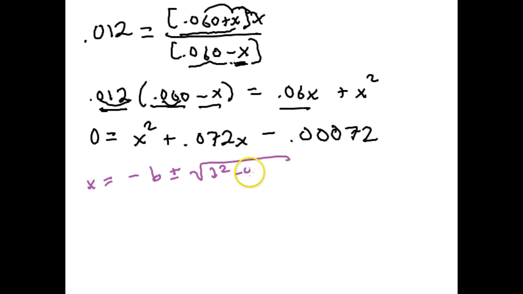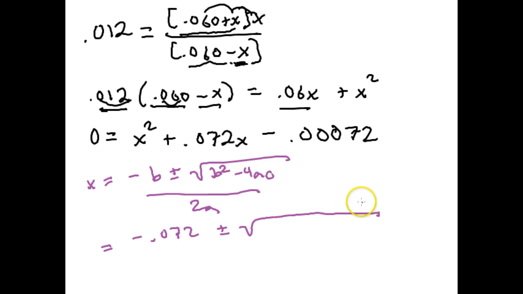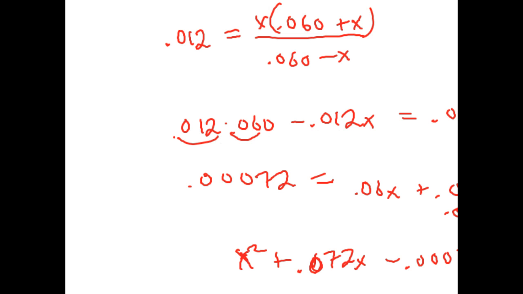X equals negative b plus or minus the square root of b squared minus 4ac, over 2a, and that is going to be negative 0.072 plus or minus. I've done this work in advance, so let me share that with you.